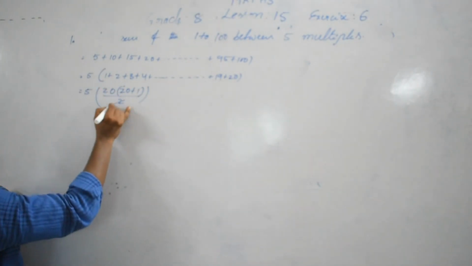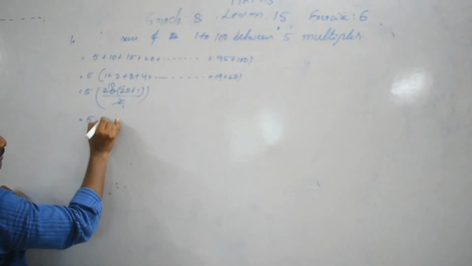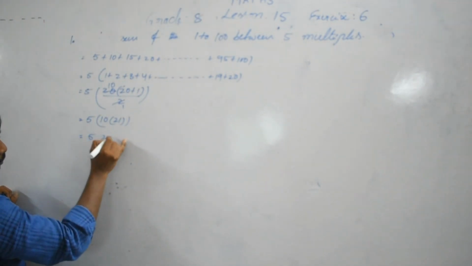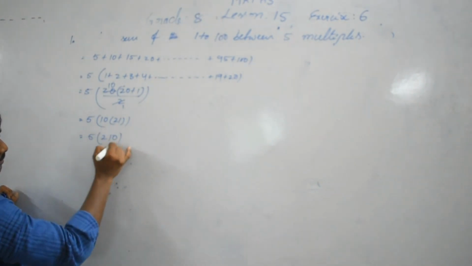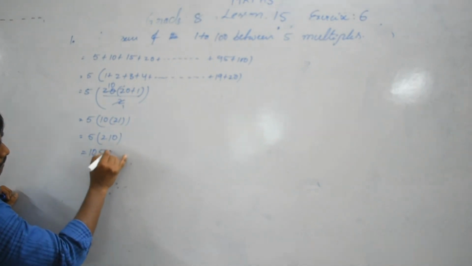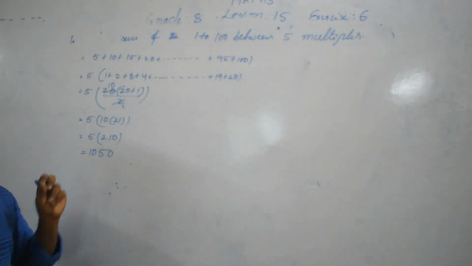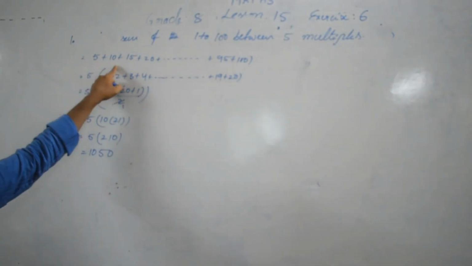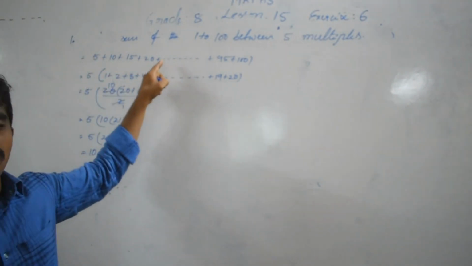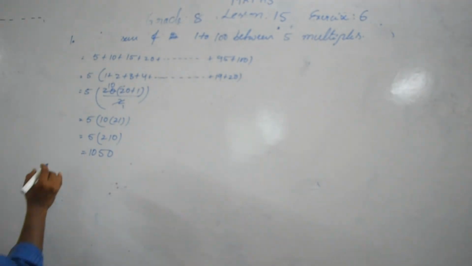So here 2 10s are 20, 10 cross 21, 210. So 5 10s are 50, 5 2s are 10. That is 5 times 210, 1050. So the sum of all numbers from 1 to 100 divisible by 5 is 1050.